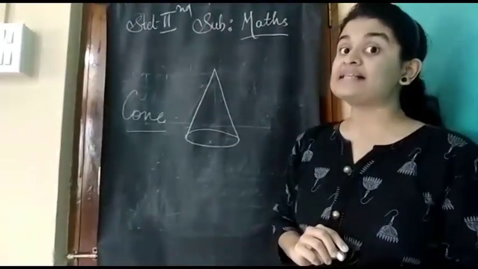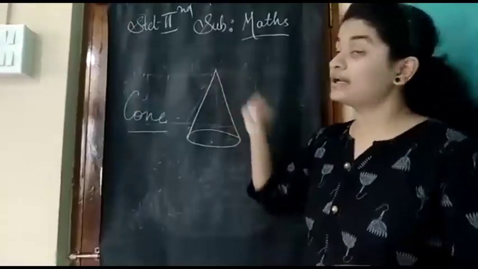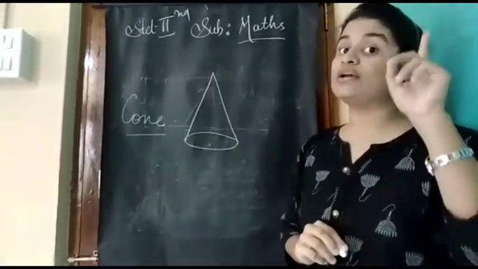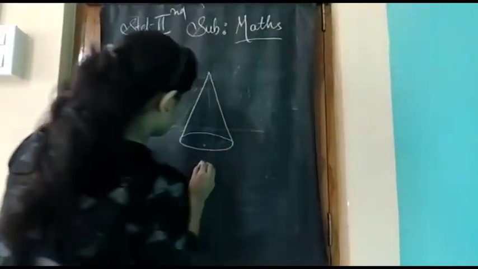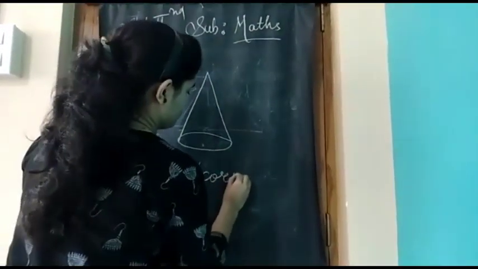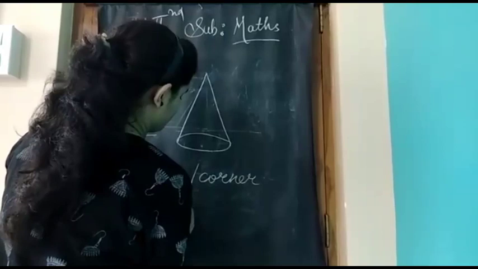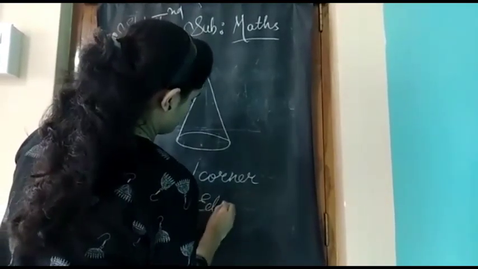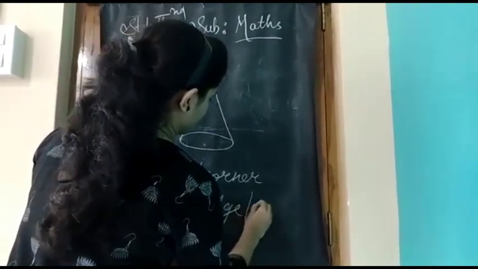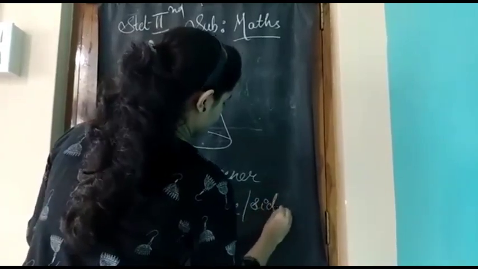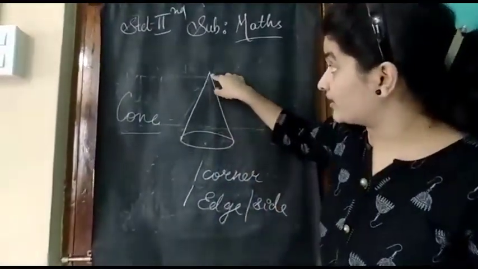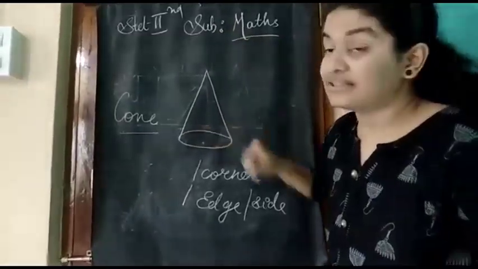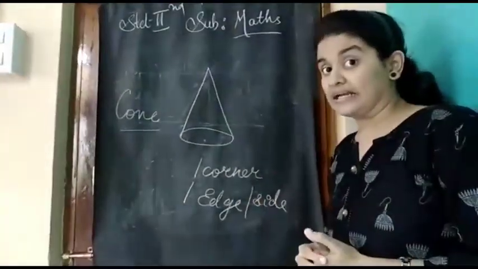A cone has only one corner and only one side. Understood? This figure has one corner and one edge, that is one side.